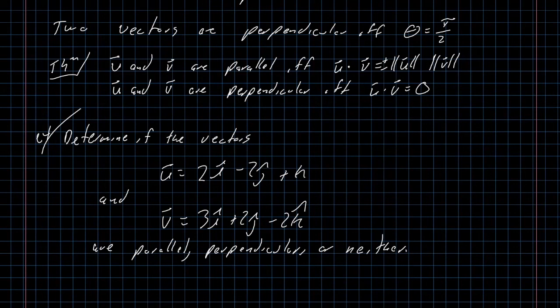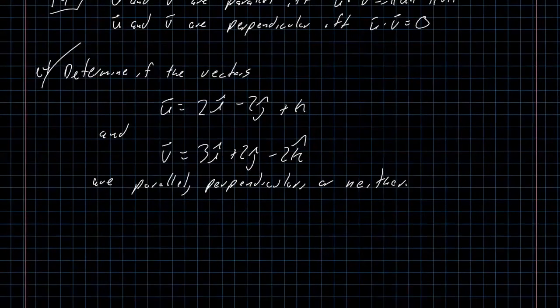And in order to answer that question, I'm going to first look for the dot product between them. If I dot u dot v, it's going to be 2 times 3, which is 6, minus 2 times 2 is minus 4, 1 times minus 2 is minus 2, 6 minus 4 minus 2 is 0.